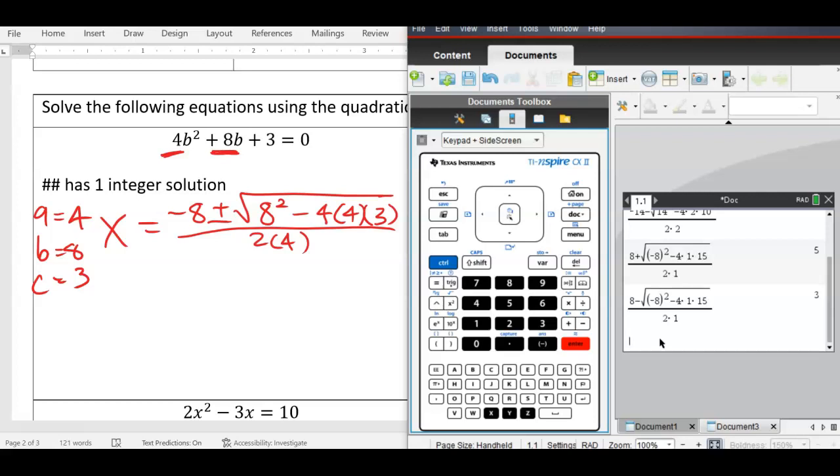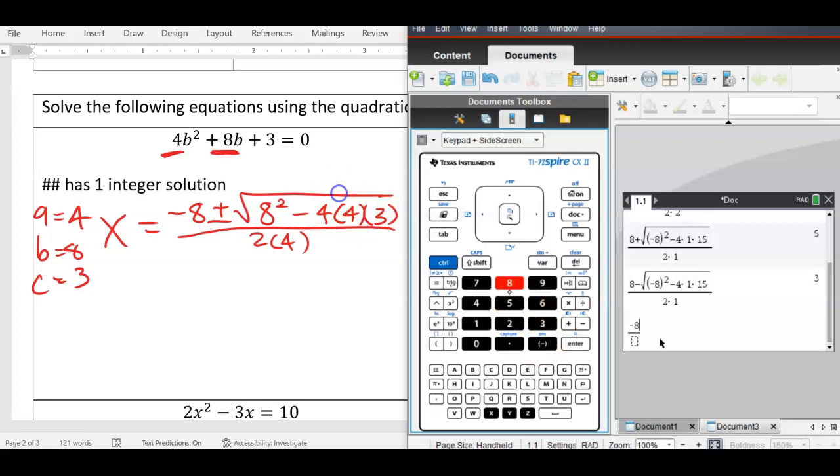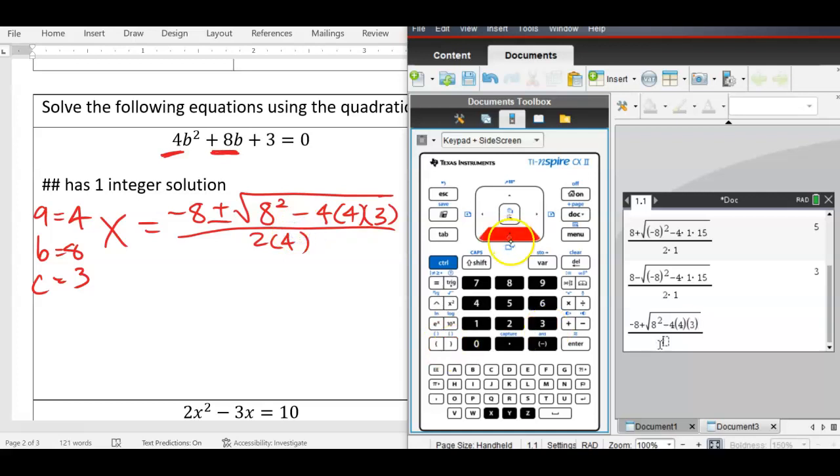So I'm going to type that into my calculator here. So I got control divide, negative 8 plus square root 8 squared minus 4 parentheses 4 parentheses 3 divided by 2 times 4.